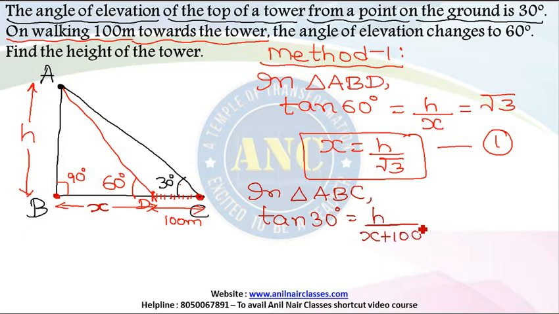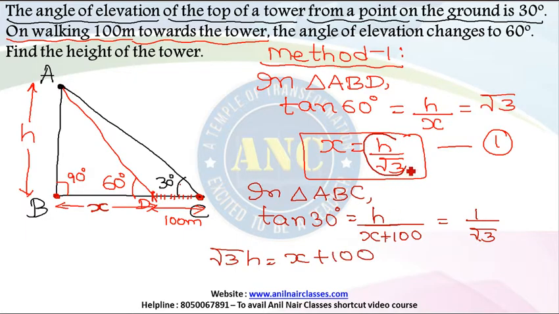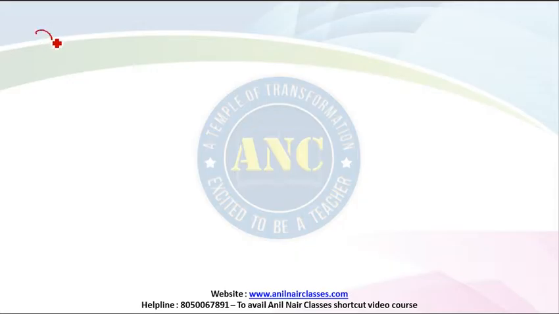What is tan 30 value? It is nothing but 1 by root 3. That means if I cross multiply and simplify, root 3 H is equal to X plus 100 into 1. It is X plus 100. But I know X value as H by root 3. Back substitute. Let me use this equation in my next screen. So I will write that equation once again.